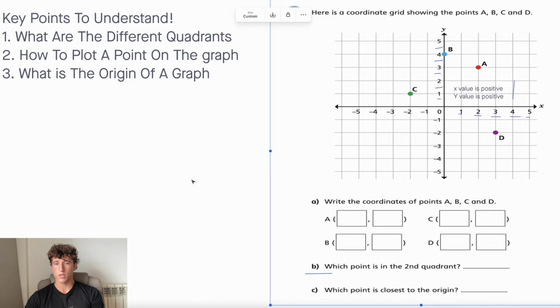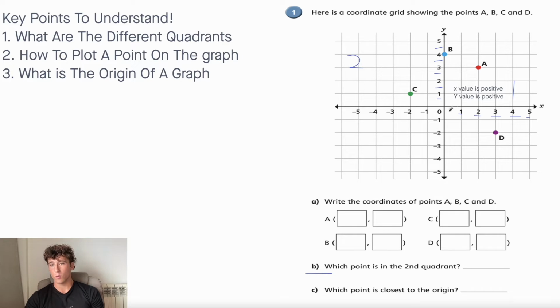So next up we have quadrant 2. So quadrant 2 will always be the top left, so we can write quadrant 2. And the reason we know this is when the y values are still positive, but the x values are now negative. X equals negative, and y equals positive. Okay, so you should be getting the idea a little bit now, but to work out quadrant 3, we look for when x is negative and y is also negative.